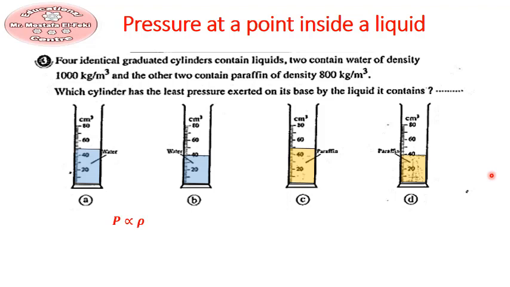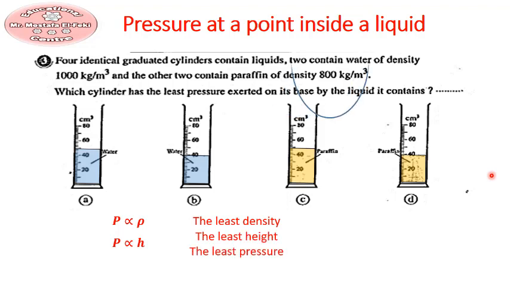Since the pressure is directly proportional to the density, the least density gives the least pressure. And the pressure is also directly proportional to the height, so the least height gives the least pressure. So the least pressure is in graduated cylinder number 4.